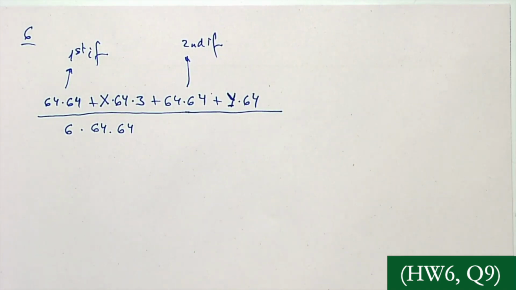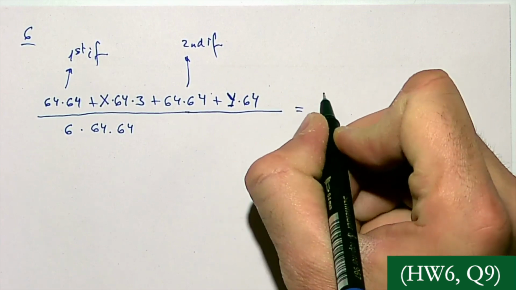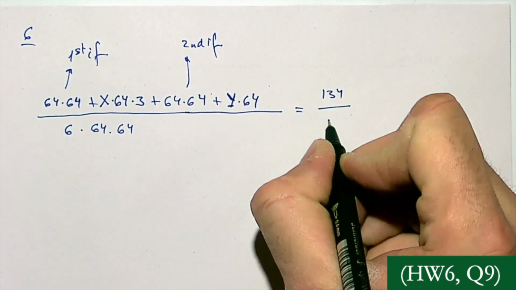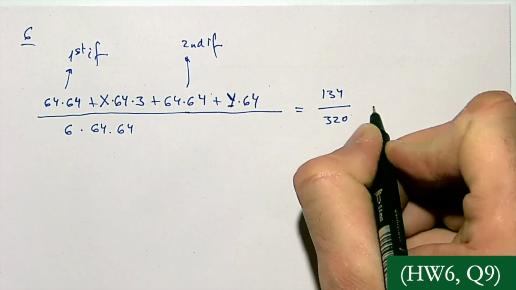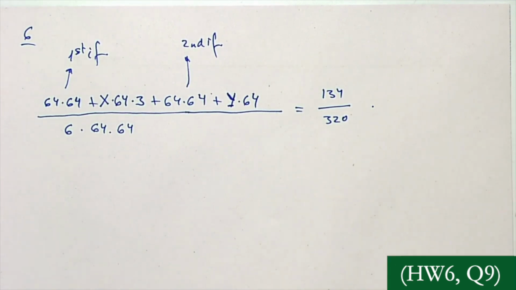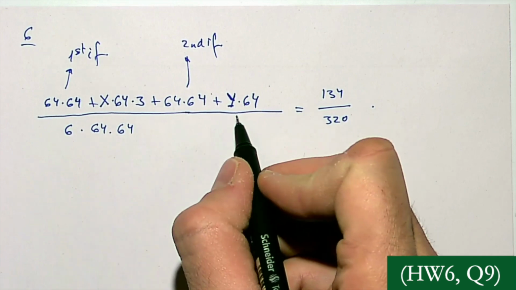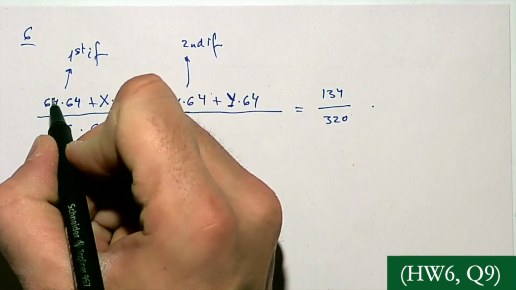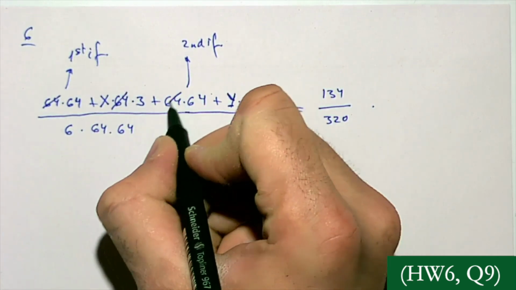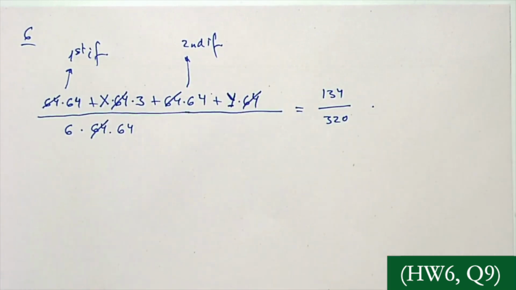Okay? And what the question says is that this is equal to 134 divided by 320. And now we have to think a little bit about the numbers that we have on the paper. If you look at this expression here, we can get rid of all these 64, right?